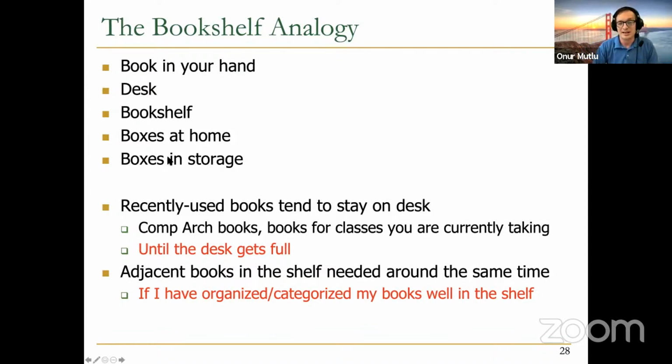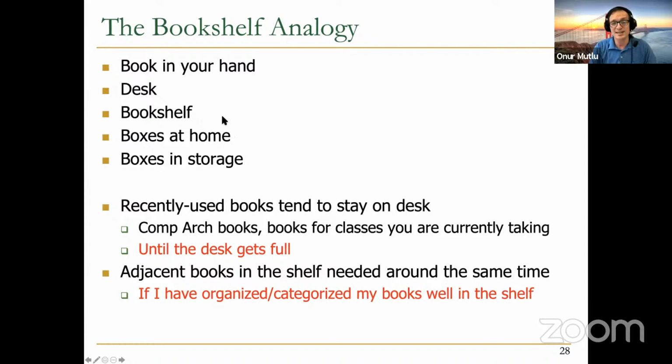So this looks like a memory hierarchy to me. The data that you anticipate to use are closer to you, but whatever you have closer to you has limited space. Your hands can hold, if you're lucky, maybe 3 books, but usually 1 book or so. Your desk, depending on its size, is usually small. It may not hold a lot of books. Your bookshelf may hold more books, and then boxes and storage can be essentially unlimited as long as you're willing to pay for it.